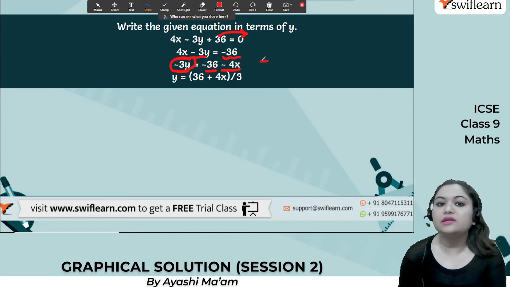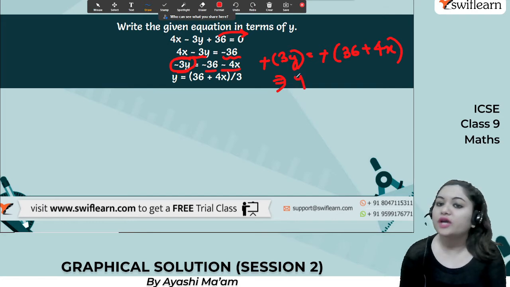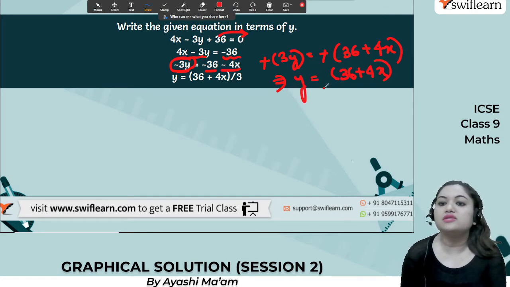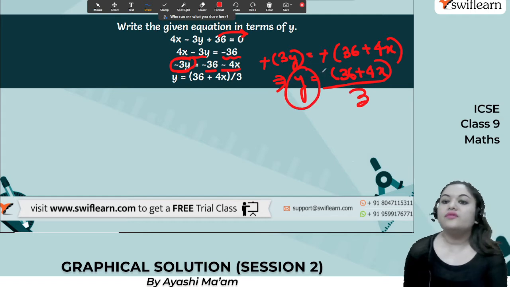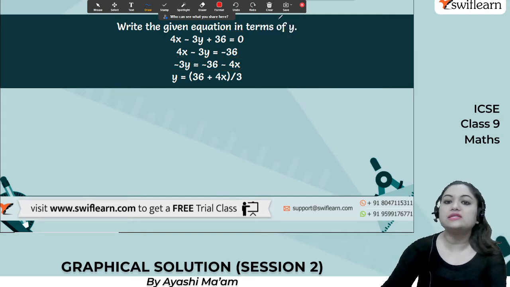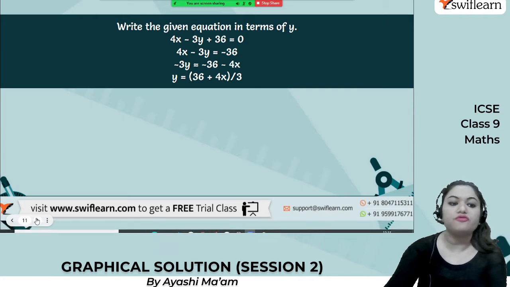We can take minus common, so 3y is equal to, again taking minus common, 36 plus 4x. So minus minus is going to cancel, and we are going to get y equals 36 plus 4x divided by 3. Okay, this is how we have expressed the equation in terms of y.